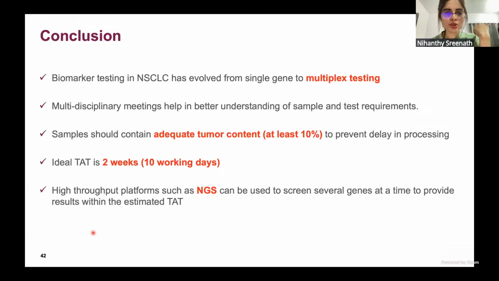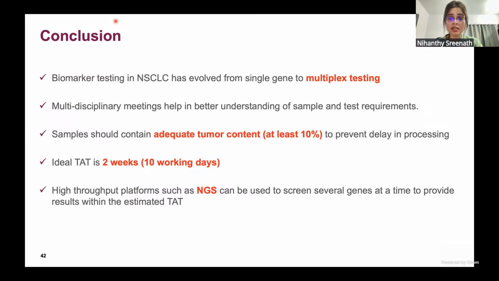I would like to conclude by saying that in this era of precision oncology, all patients need to be tested. Initially we started with a single gene panel. Now, at least a multi-gene panel of 8, 12, or if possible 18 genes is mandatory in all cases, a multiplex testing.